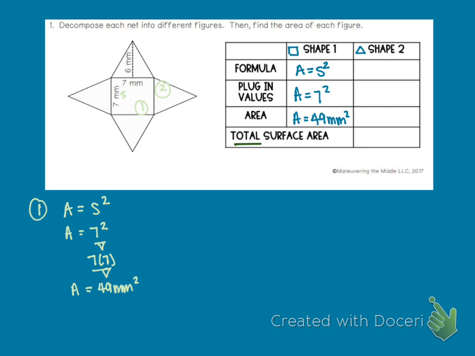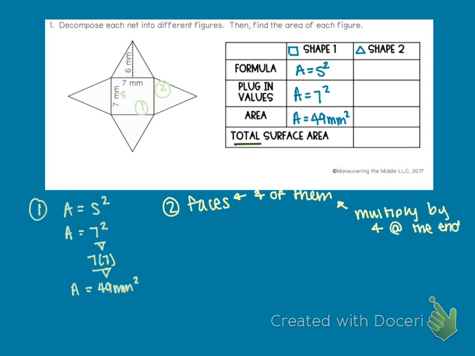And then number 2 are the faces. There's 4 faces, 4 of them. What does it mean to have 4 of them? It means we're going to multiply by 4 at the end. Okay, so let's find the area, and then we have to multiply by 4.